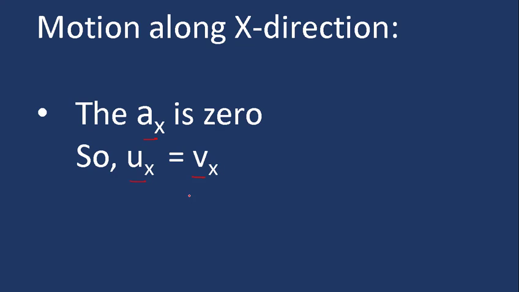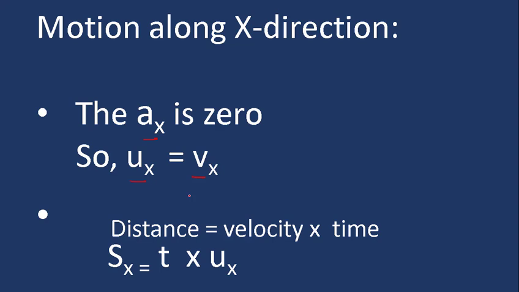So the horizontal velocity remains constant. And that would further imply that you could use the simple equation distance is equal to velocity into time to find out the distance covered in the horizontal direction. Of course, do keep in mind that ux is equal to u cos theta, where theta is the angle of projection.